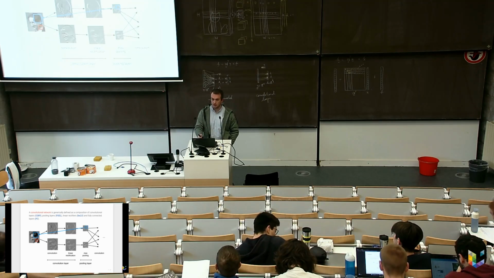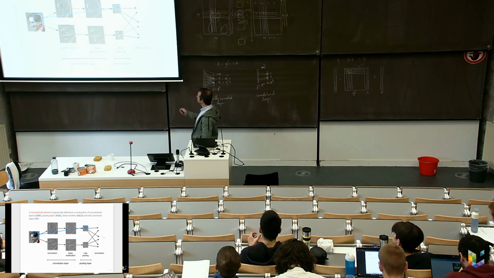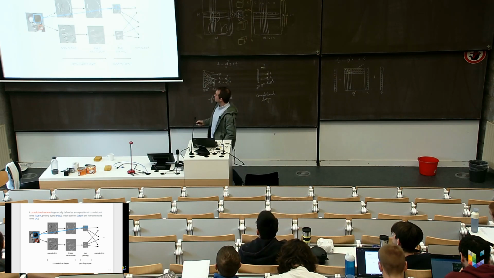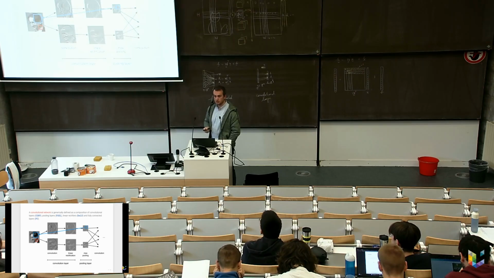So fully connected layers you may have also in CNNs, and also nonlinear activation functions. But usually what we'll do is to follow this specific template that you see in the figure, where you have, for example, a first layer of convolutions with a certain number of kernels.